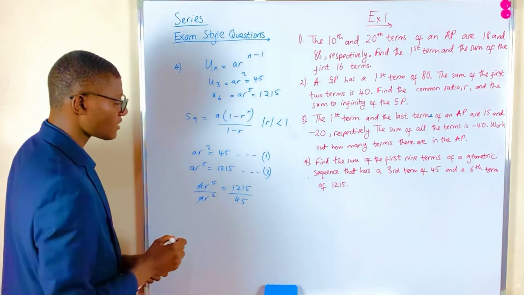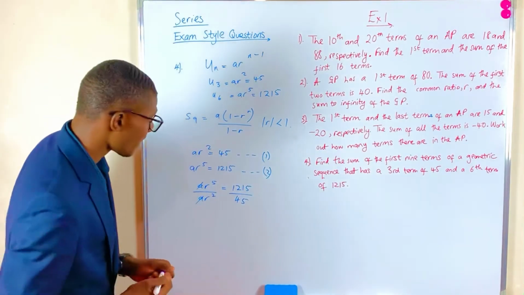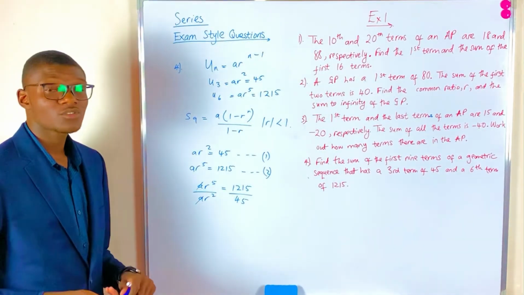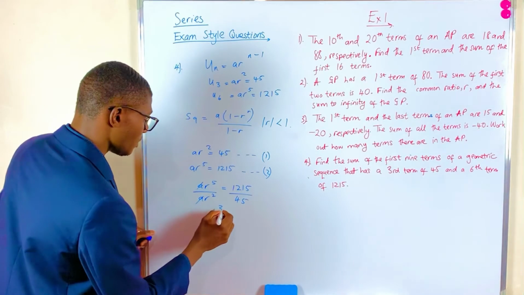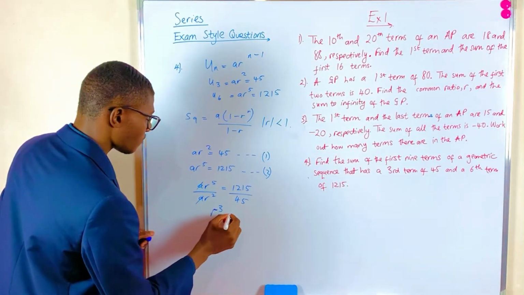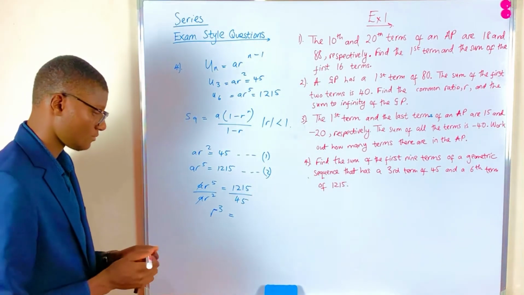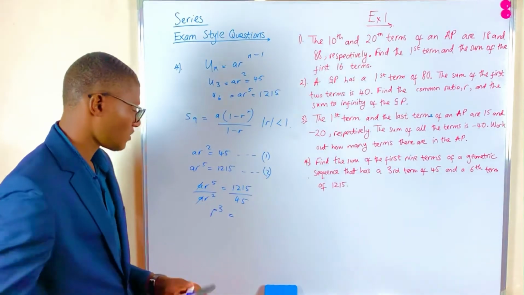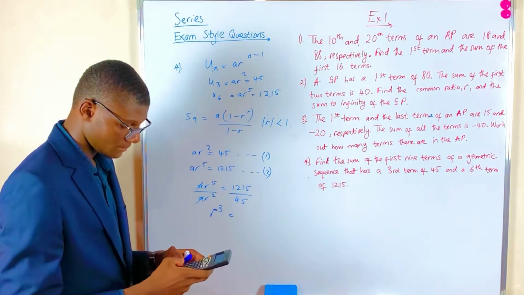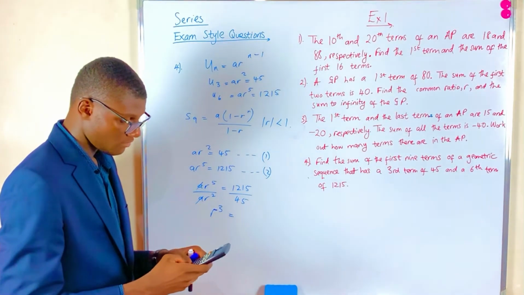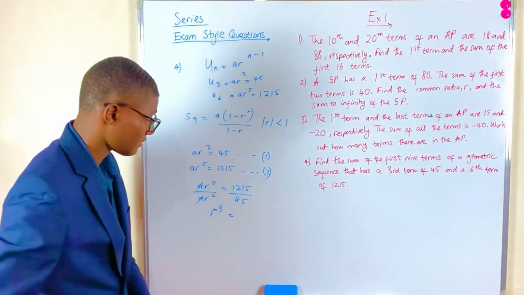Then the A's cancel, R to the power of 5 over R squared gives R cubed, and we carry out the operation there, 1215 divided by 45 gives 27.